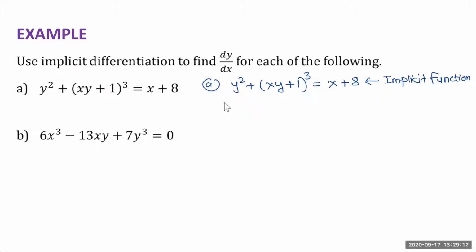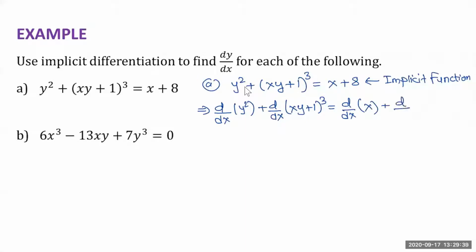And in order to find the derivative of an implicit function, we use a technique called implicit differentiation. So we differentiate everything with respect to x because we want dy over dx. So this can be written as d over dx, the derivative with respect to x of the first term, which is y squared, plus the derivative with respect to x of the second, which is (xy plus 1) cubed, equal to the derivative with respect to x of x, and then the derivative with respect to x of 8.